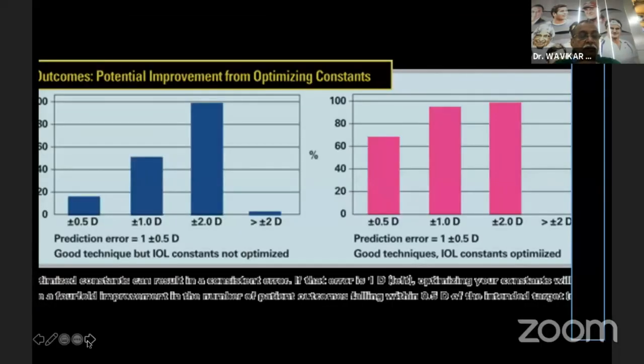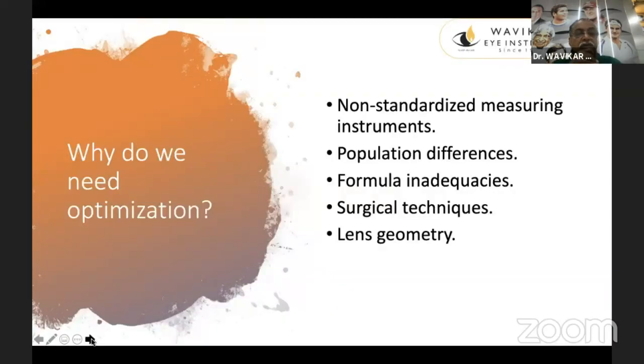This is a study I picked up. You can see that without optimization, 16% of patients are within plus or minus 0.5, and after optimization, it has jumped to 64%, exactly fourfold. And why do we need optimization? Because there are many factors which decide the ELP, and they have been divided into multiple sets.